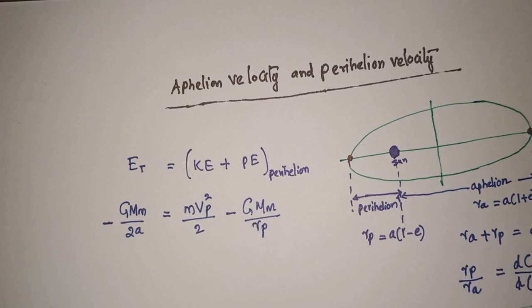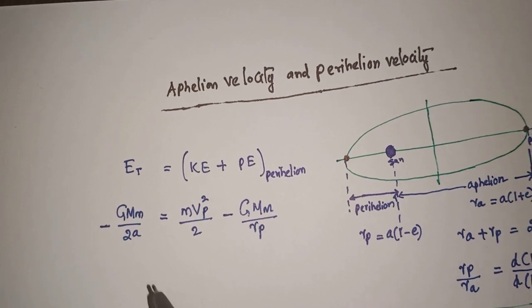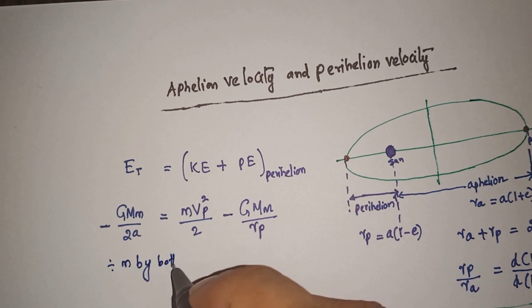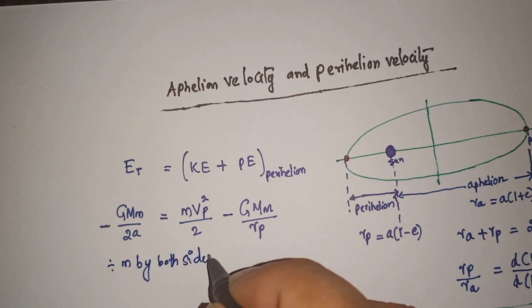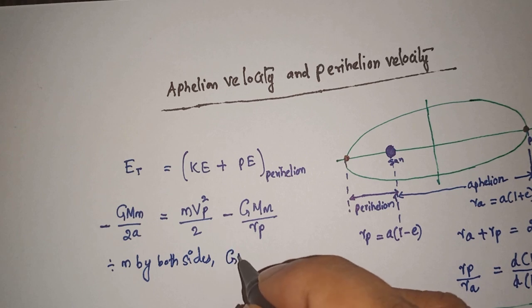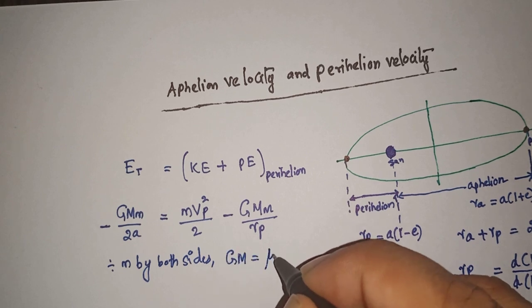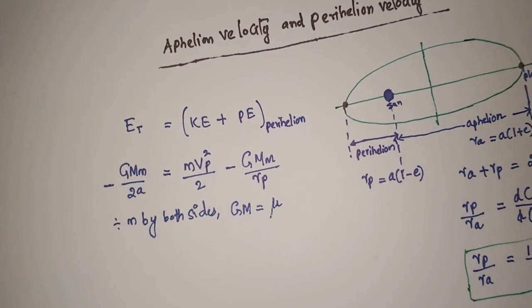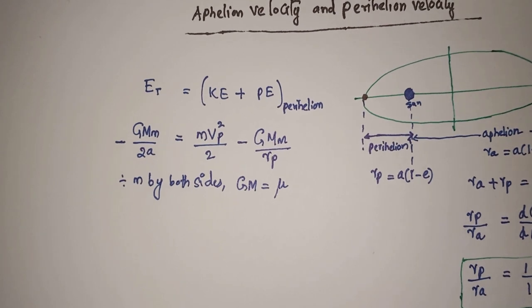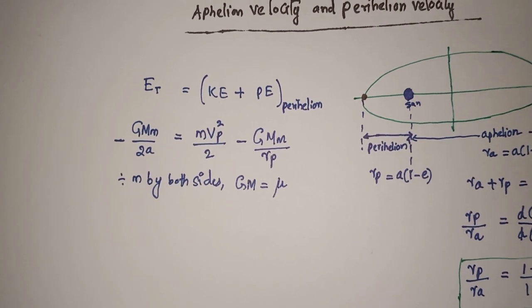Now m is a common term, so you can divide by m on both sides, and also you can take GM equal to mu. If you do these two things, your expression will be somewhat simplified.